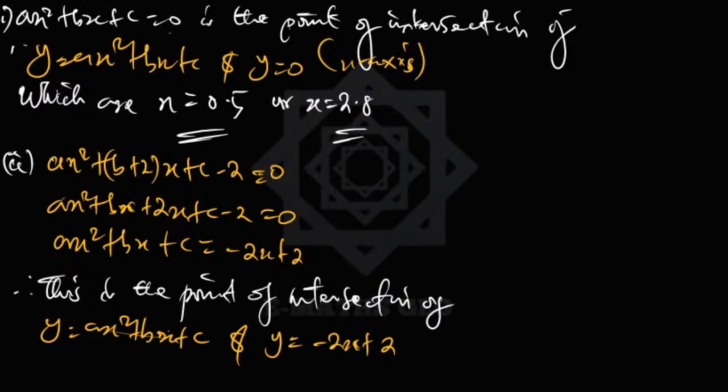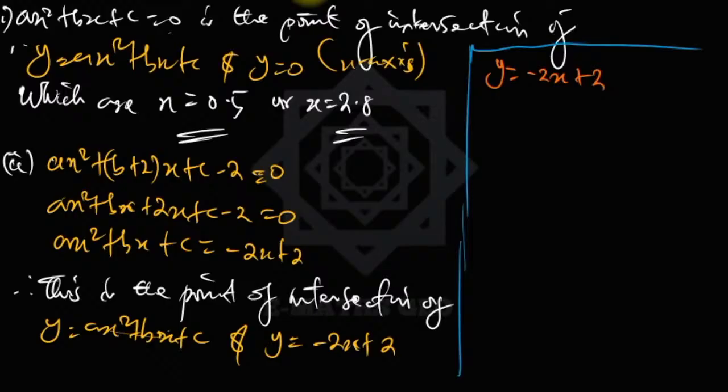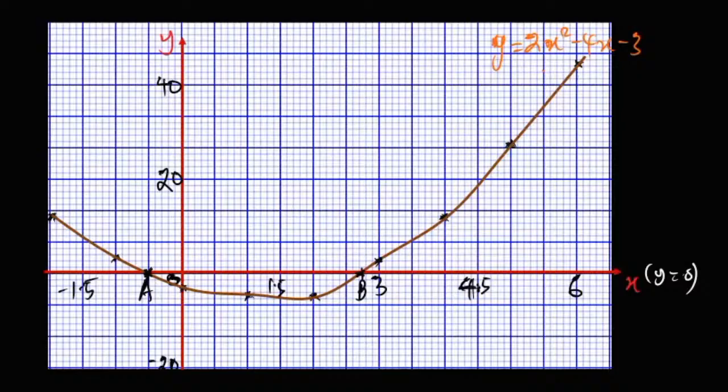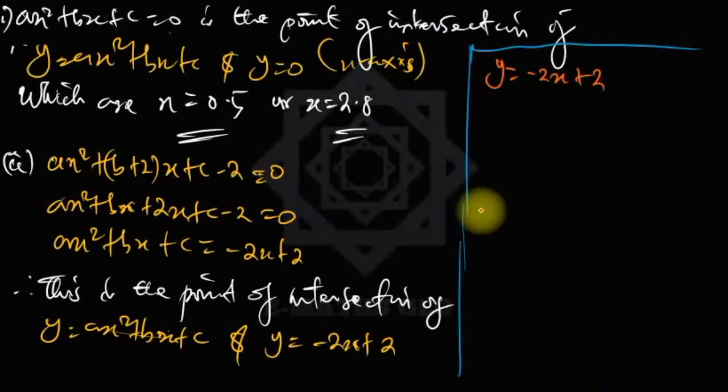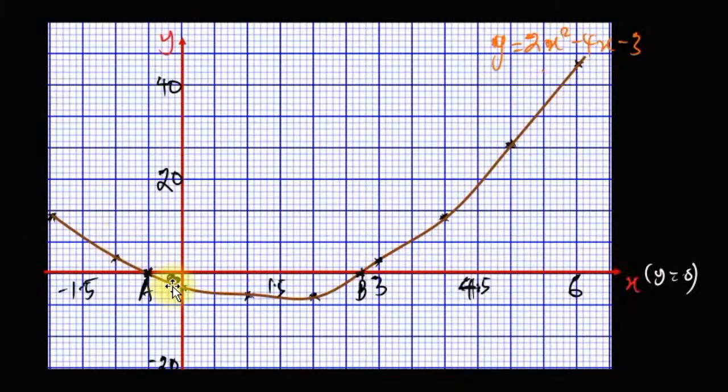So let's draw the line, and to get a particular line you need 2 points. So we need only 2 points for us to get a particular line. So let's choose points that are within the graph, that's the grid line. So if I check x equals 0, y is 2, and 2 is within there, yes, 2 is within this interval.